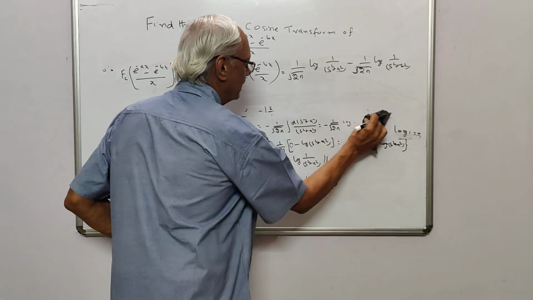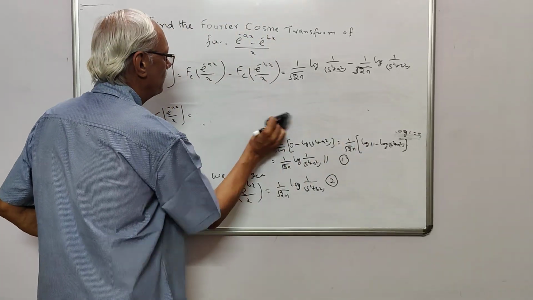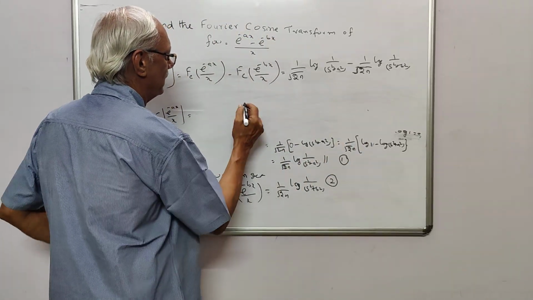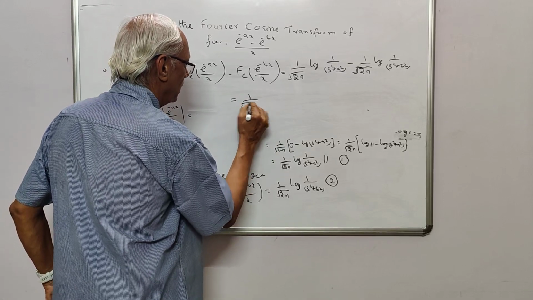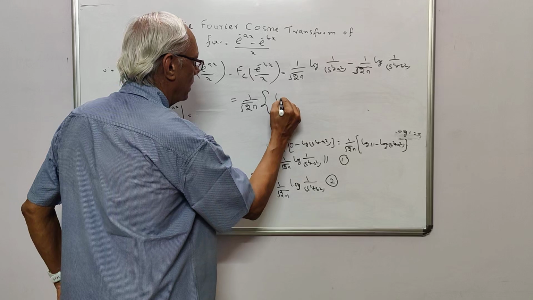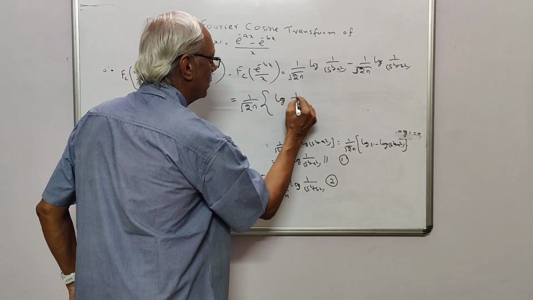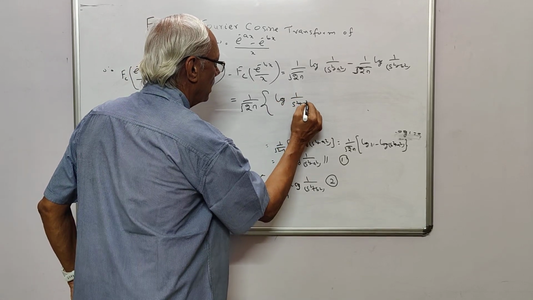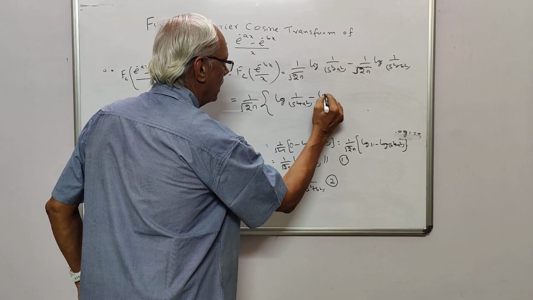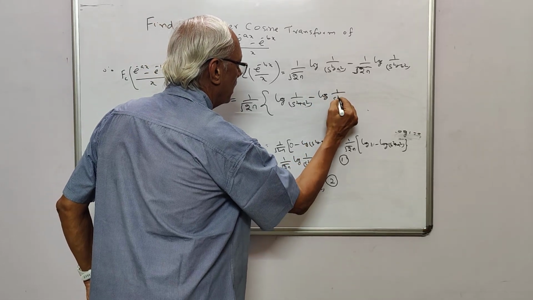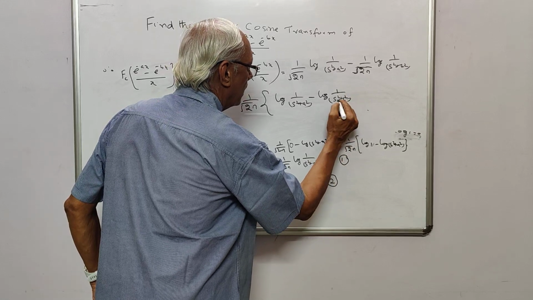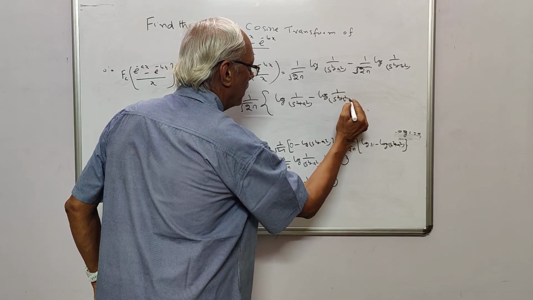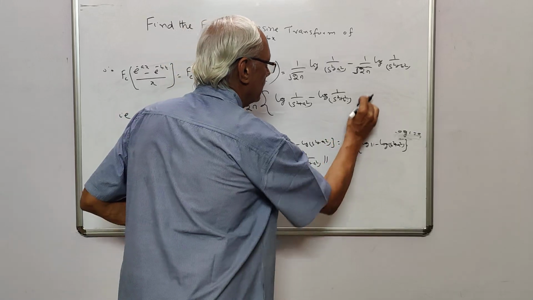Now you can take 1 by square root of 2 pi common, outside.